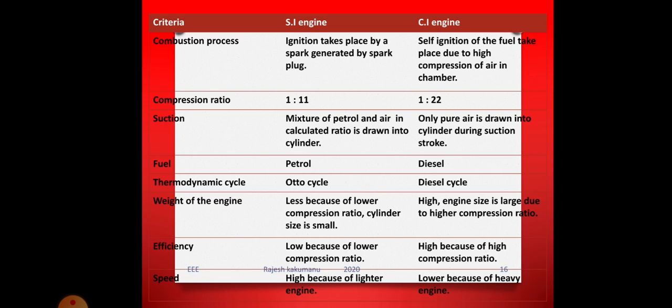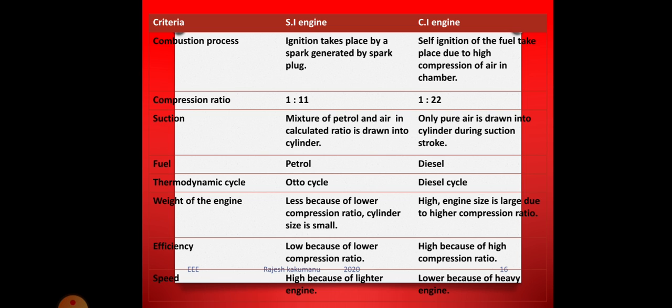Because in the four-stroke compression ignition engine, the construction of the engine is very large. The construction of the engine is very large in case of CI engines. That is why the compression ratio is more when compared to SI engines. Okay? Next, suction.